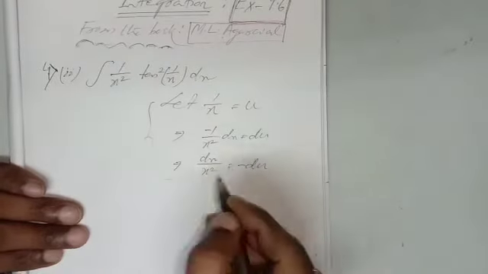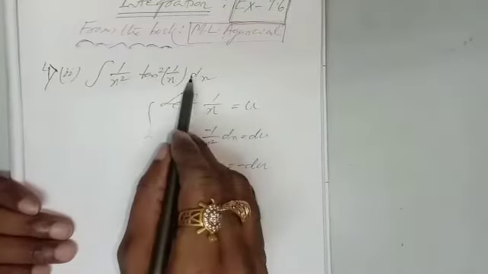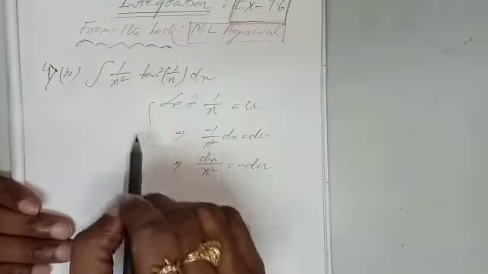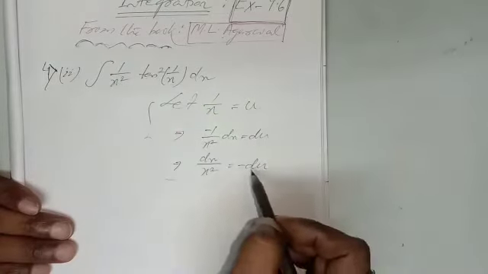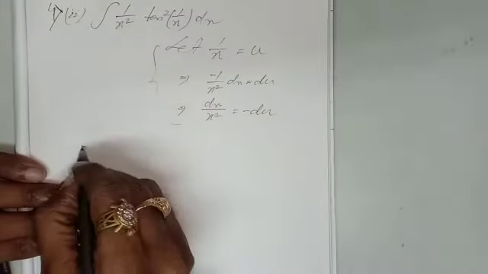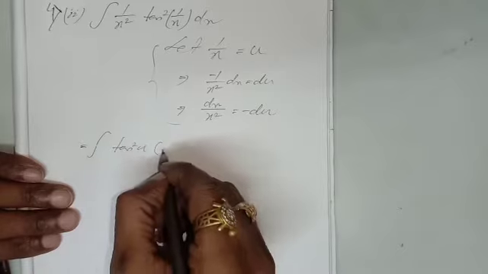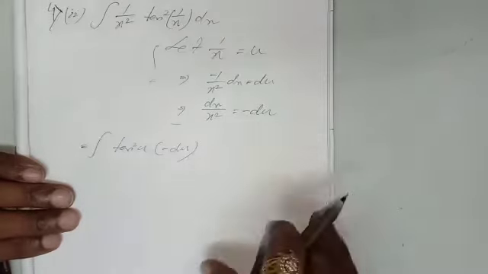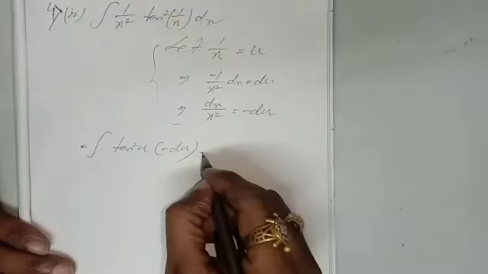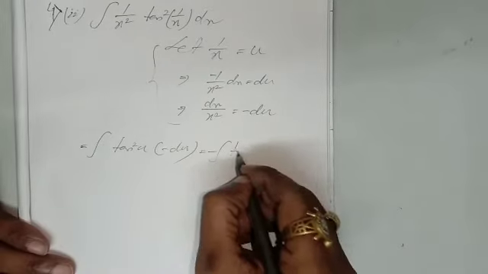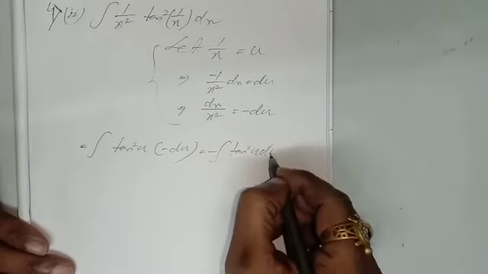Now substitute: dx by x square is minus du, and this will be tan square u. So finally you are getting tan square u times minus du. The minus sign you take outside: minus integration tan square u du.